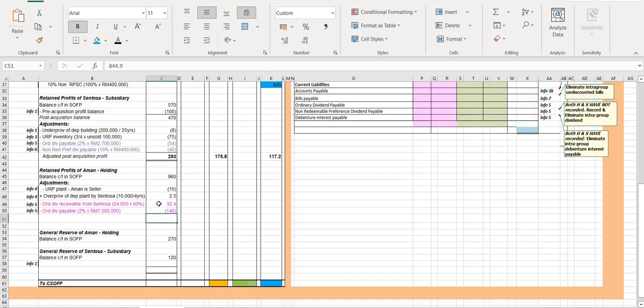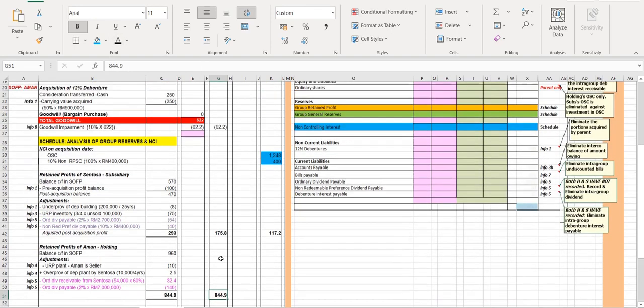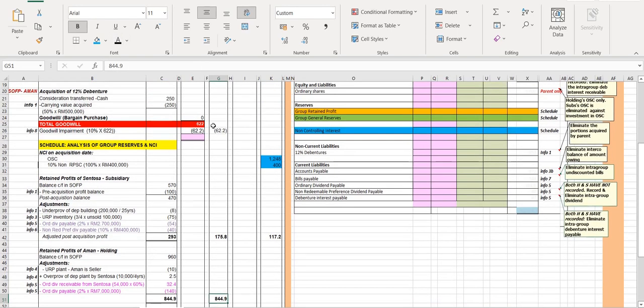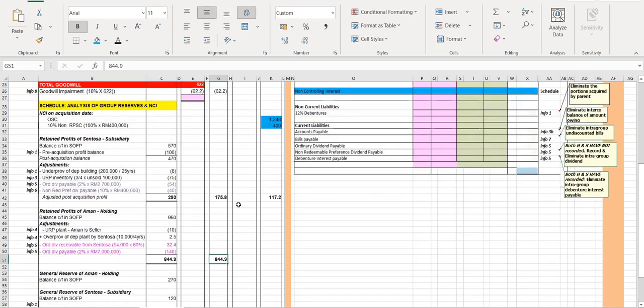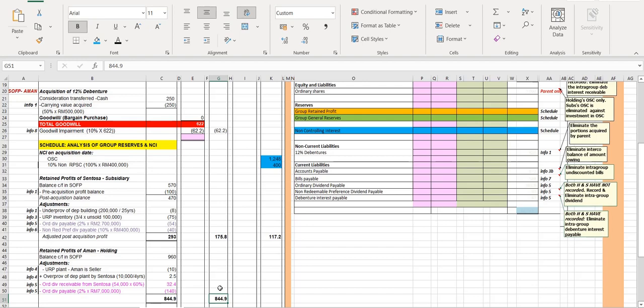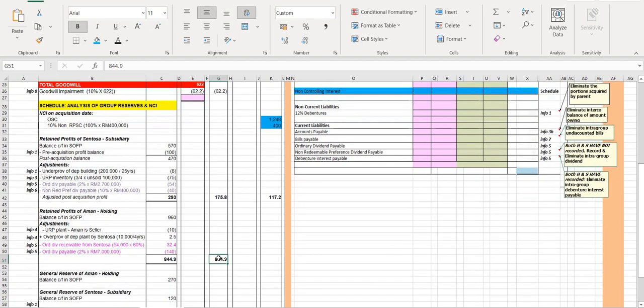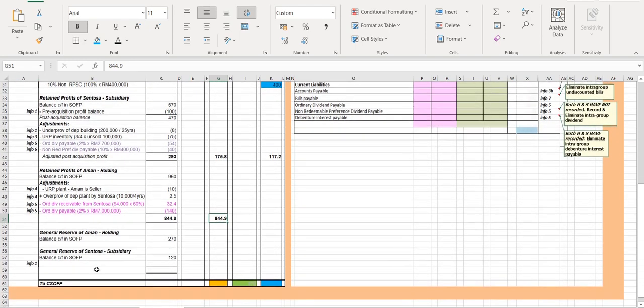The same thing is for Aman, but for Aman you don't have any portion of non-controlling interest because this is for the parent. So just take the one in the adjustment column and put it under the group retained profit column. This is where you reduce the impairment loss, so that will be debited against this group profit figure.